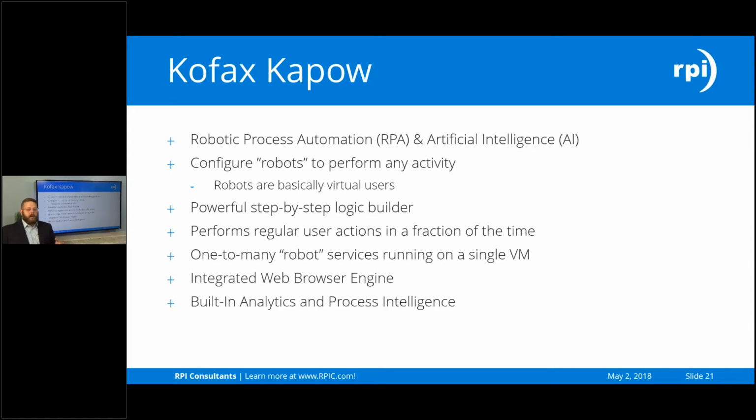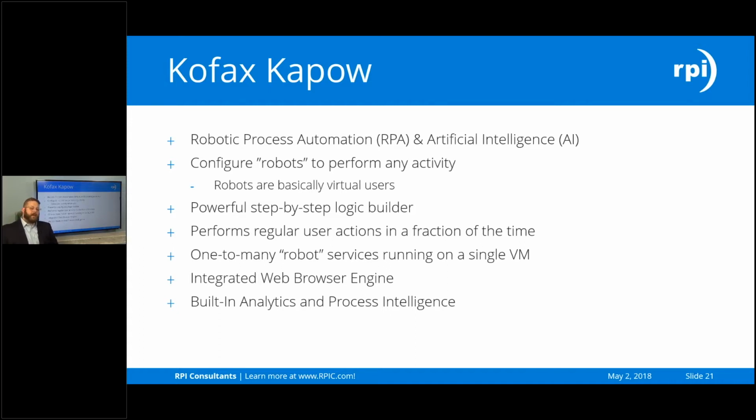These robots are a virtual user, and while it can do many of the actions a user could in terms of navigating software interface, it can also integrate with software APIs and do much more than a typical user could. It has a powerful step-by-step logic builder, so that you can essentially tell it if this, then that, continually, including exception handling, until its tasks are done.